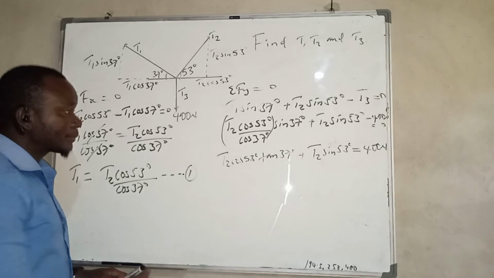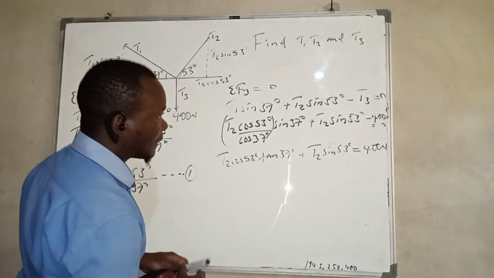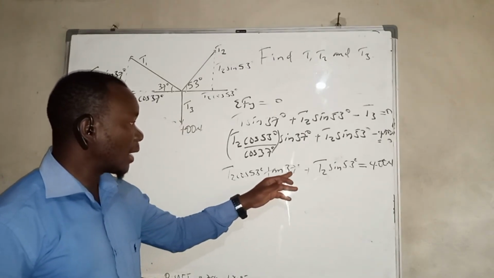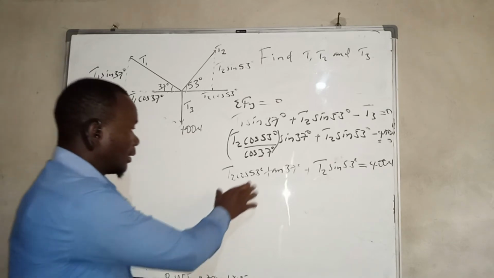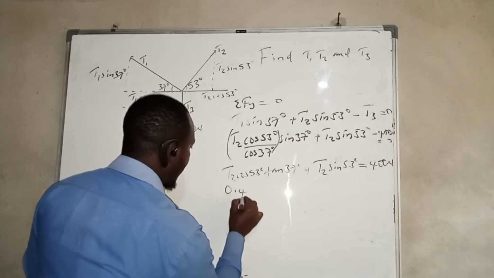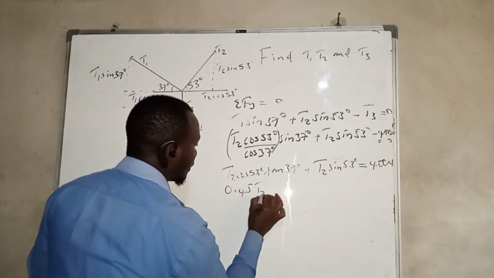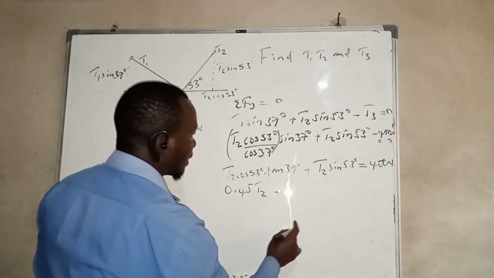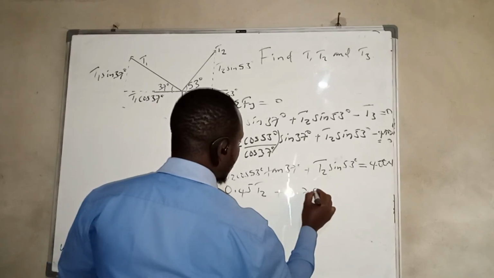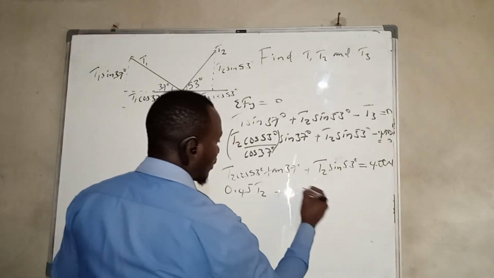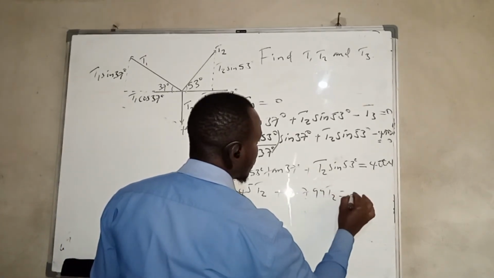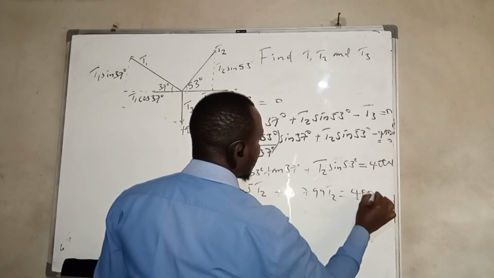Now punching cos 53 tan 37 on a calculator, we are going to have 0.45 T2, plus sine 53, which is 0.798 something, but when you round it off it will be 0.799 T2, which will give us 400 newtons.